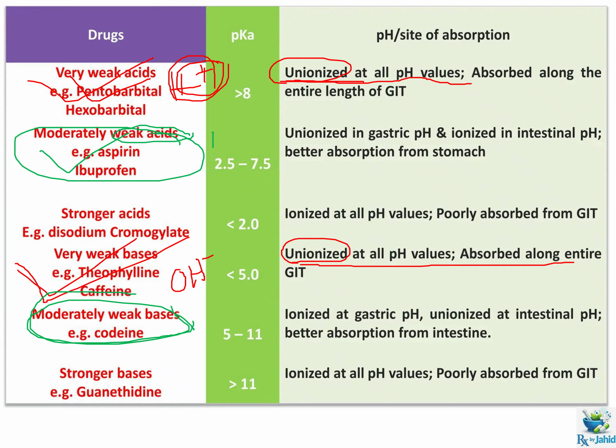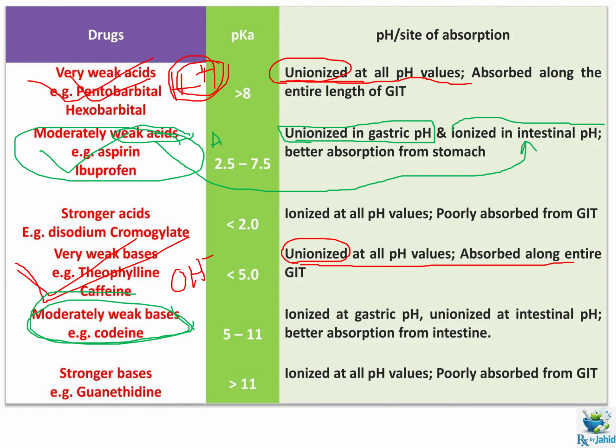Because if acid comes in contact with base, then it will form salt, and salt is the ionized form. In case of a weak acid, whenever it is in gastric pH, it will remain unionized because it will not form any salt. Okay, but if this weak acid travels into the intestine, what will happen?